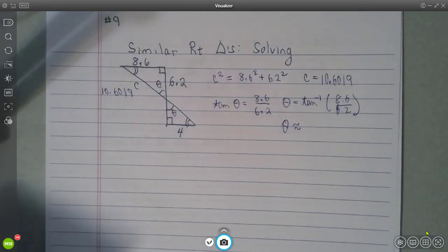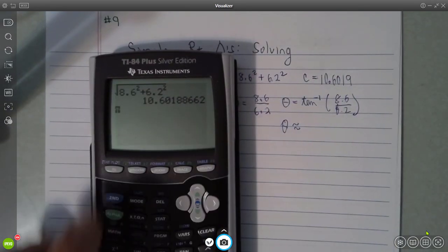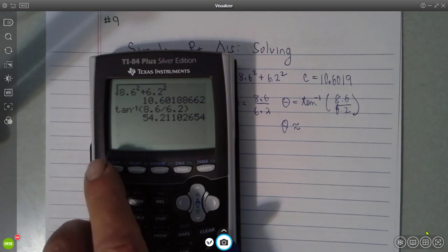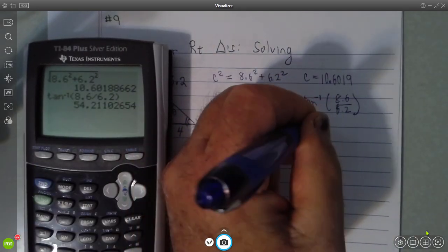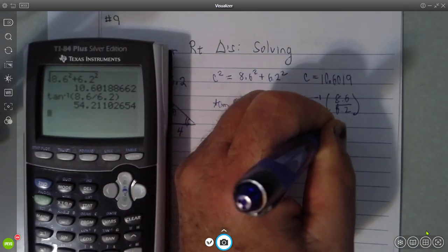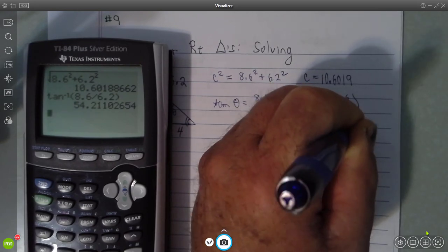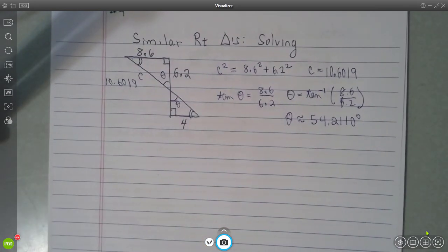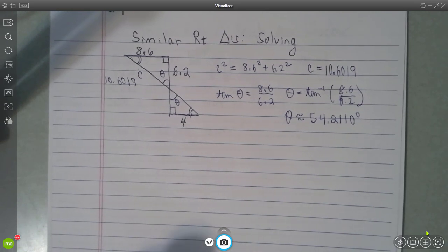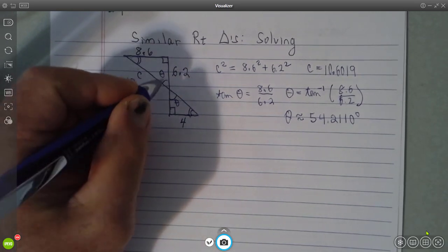This we do with our calculator. And we get about 54.2110 degrees. Now that's theta.